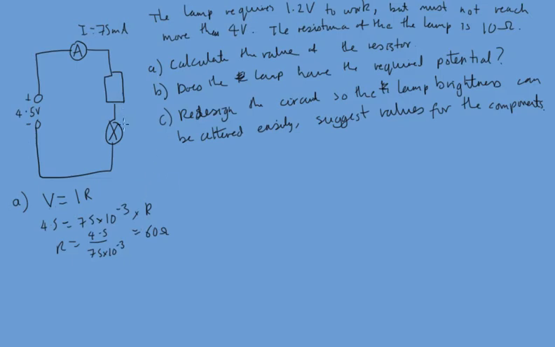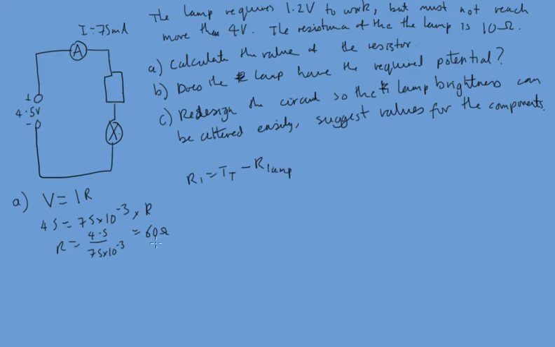We know the resistance of the lamp is 10, and it's in series, so the total resistance adds up. So R1 is equal to RT minus R lamp.